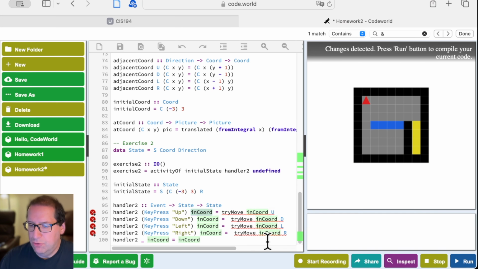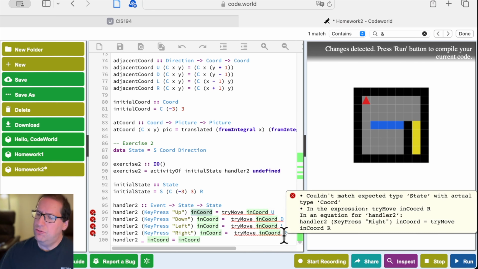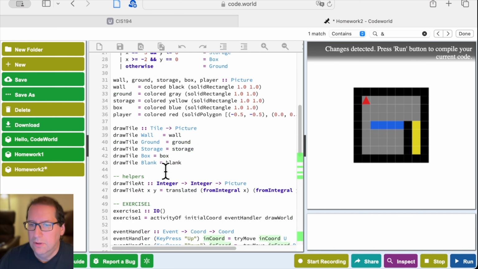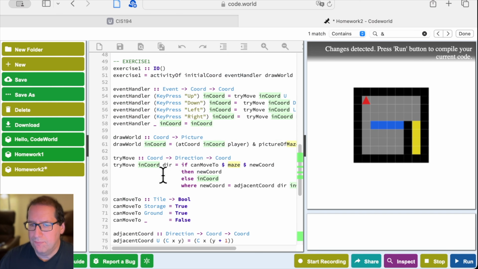And try move, is try move going to need to change? Yes, because, let's look at it. Try move takes a coordinate and a direction and returns a coordinate.